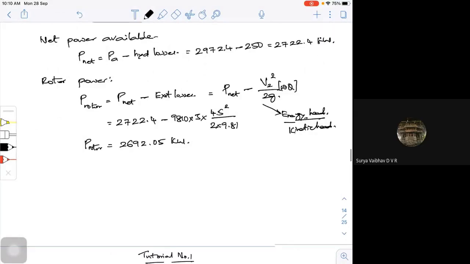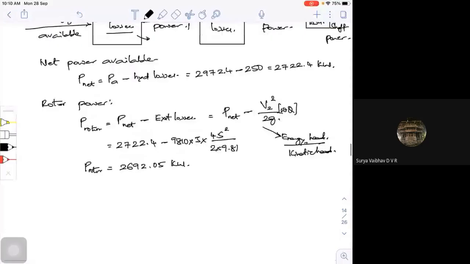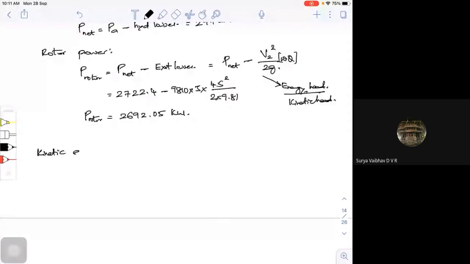Sir, can you once again say why did we use that Q and W term there after V square? That is to convert. See, what is kinetic head? Kinetic energy is nothing but V square by 2. Now, if I put the G, this becomes kinetic head.